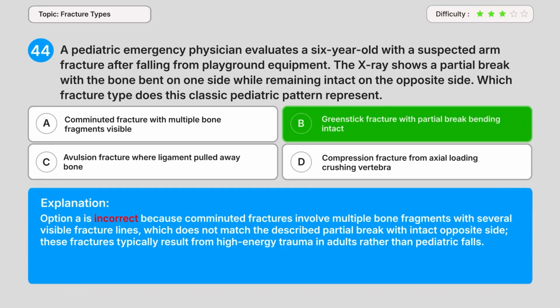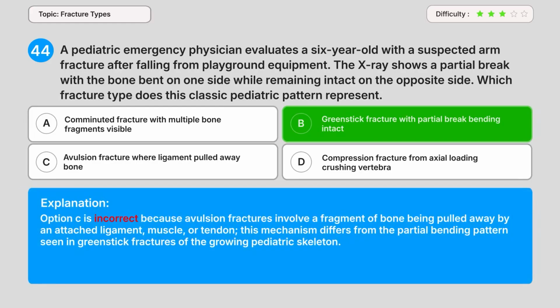Option A is incorrect, because comminuted fractures involve multiple bone fragments with several visible fracture lines, which does not match the described partial break with intact opposite side. These fractures typically result from high-energy trauma in adults rather than pediatric falls. Option C is incorrect, because avulsion fractures involve a fragment of bone being pulled away by an attached ligament, muscle, or tendon.